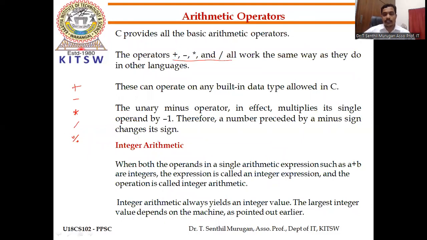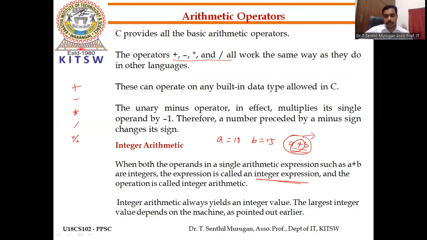Now integer arithmetic. What is integer arithmetic? When both operands in a single arithmetic expression such as a plus b are integers, the expression is called an integer expression. So a equal to 10, b equal to 15. I will perform a plus b. This expression is considered an integer expression, and the operator is an integer arithmetic operator.